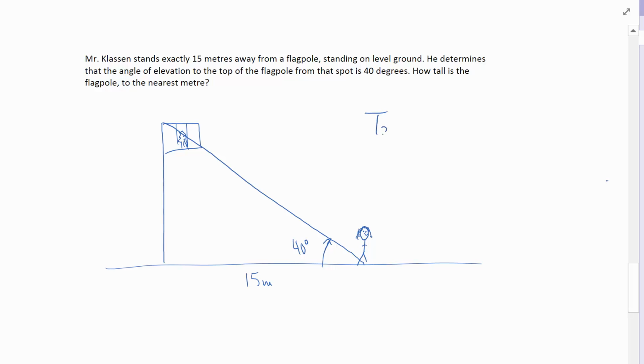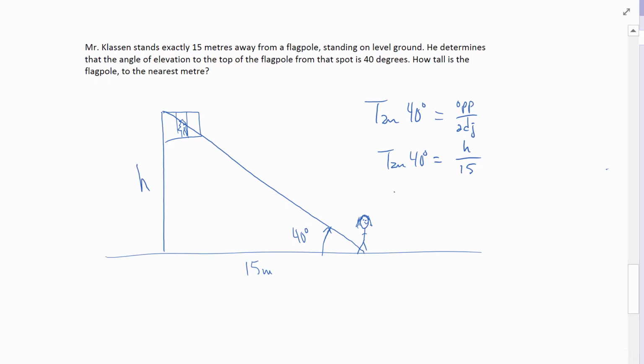Since we know the distance to the flagpole, and we know the angle here, that means that in terms of the tangent ratio, 40 degrees, we have the adjacent side, but we don't have its opposite side. Let's call that opposite side h for height. So writing tan 40 equals h over 15 means that we can solve for h by multiplying both sides of this equation by 15, giving us 15 times tan 40 equals h.